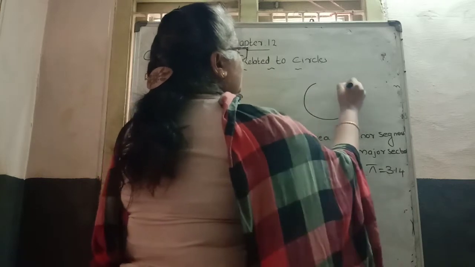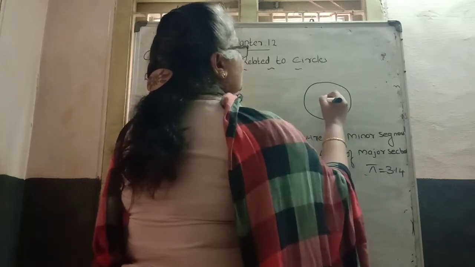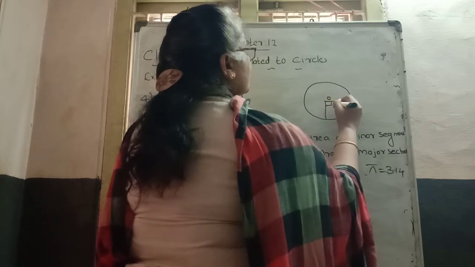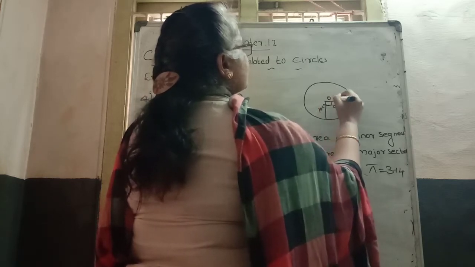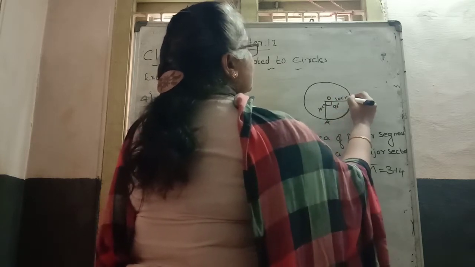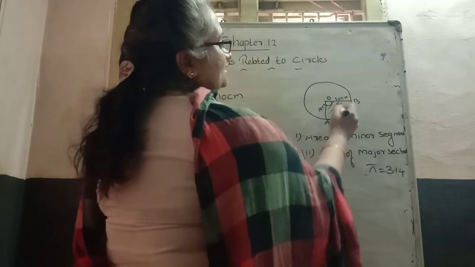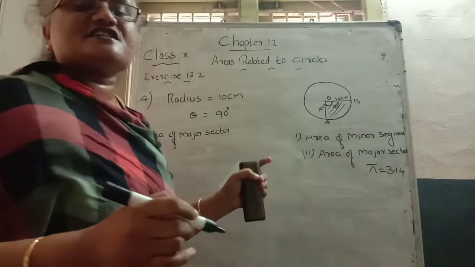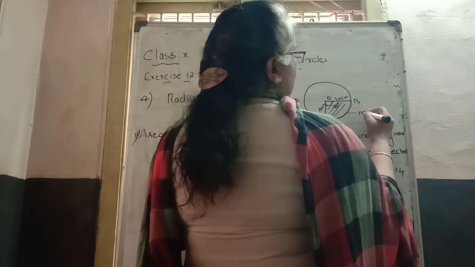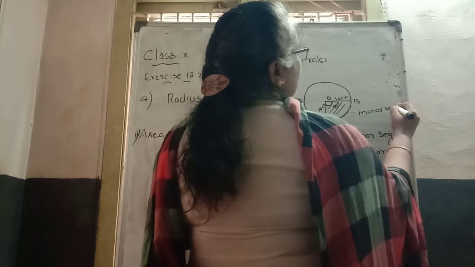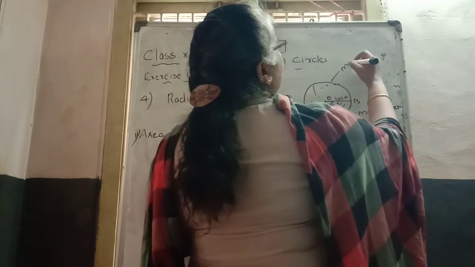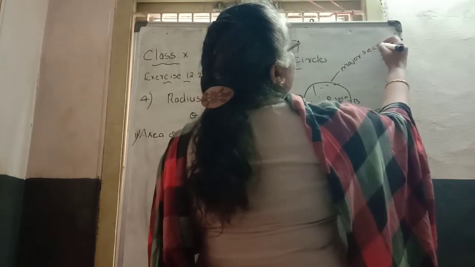So here the circle is there, O is the center of the circle, and theta value we can consider as 90 degree, radius is 10 centimeter. Then OA and OB are the radius, and AB is the arc. This region, the arc and two radii joining region, we call it a minor sector, and this part we call it a major sector.